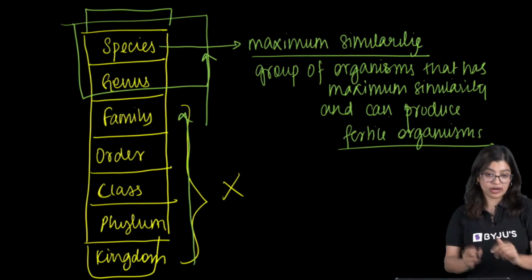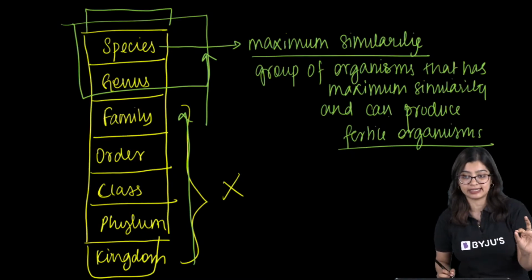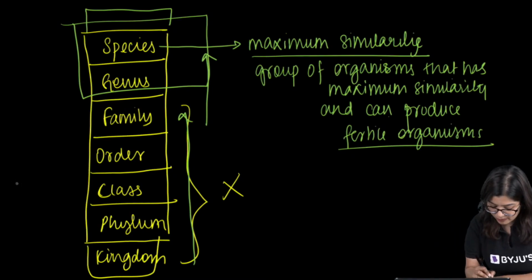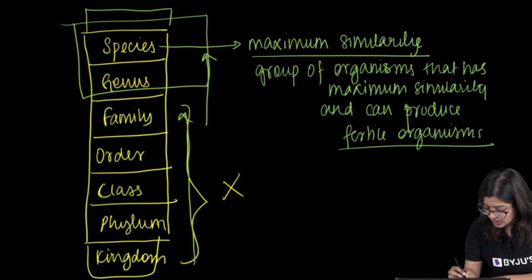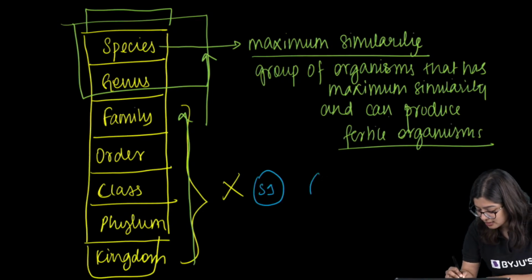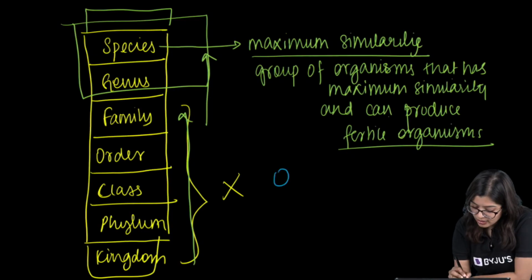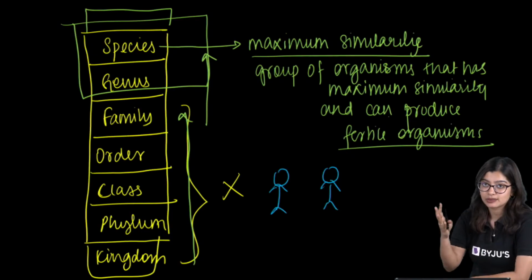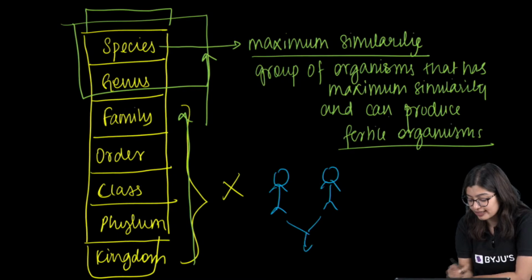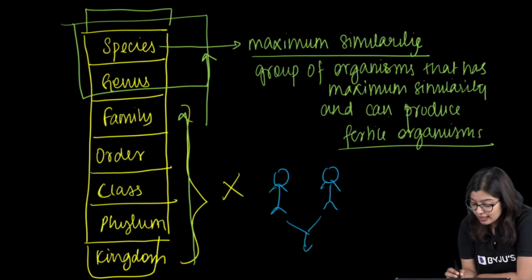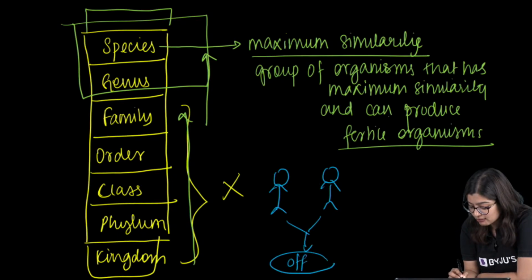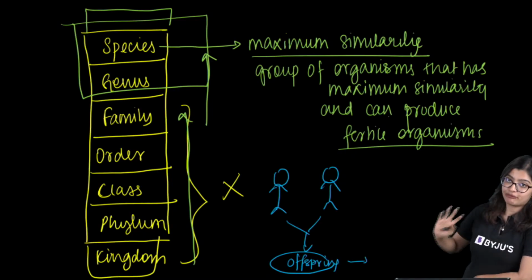That means that if organisms of the same species, let's assume we have 1 and 2 of the same species, come together and reproduce, they will produce an offspring, a baby, which also can reproduce in the future.